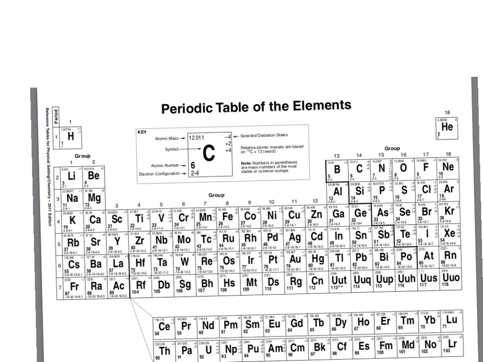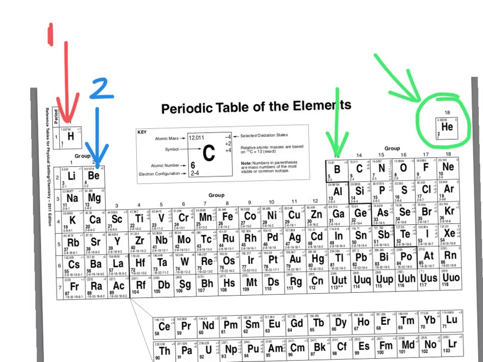You will notice that all of the elements that are in this group have 1 valence electron. All of the elements that are in this group have 2 valence electrons. All of the elements that are in this group have 3 valence electrons. Group 14 will have 4 valence electrons. Group 15 has 5, 16 has 6, 17 has 7, and 18 will have 8, with the exception of helium, which will only have 2 valence electrons.